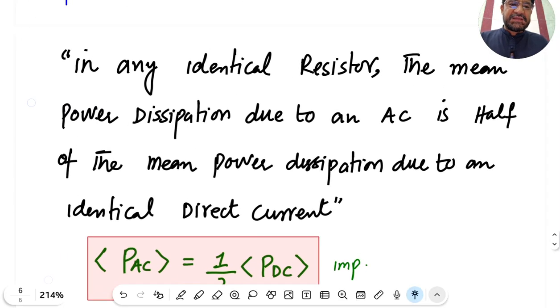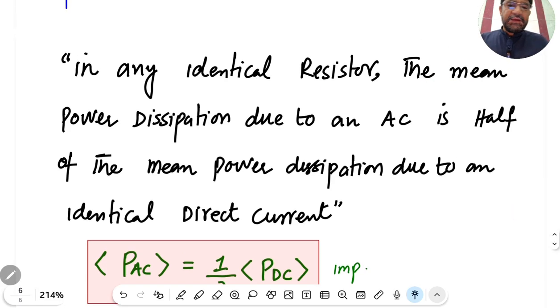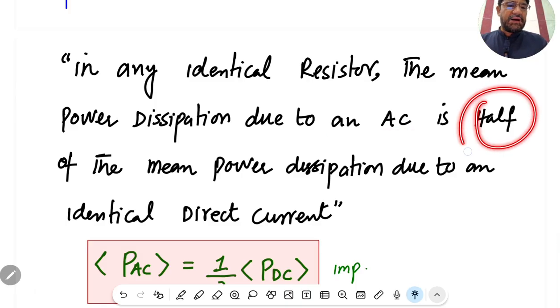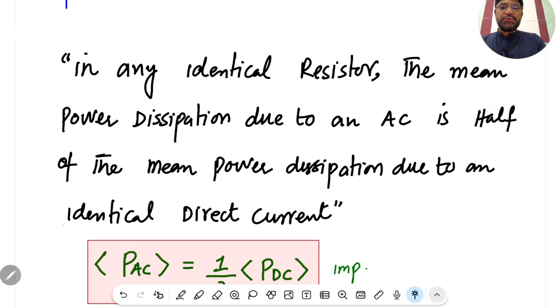So guys, the last conclusion is that in any identical resistor, the mean power dissipation due to an alternating current is always half of the mean power dissipation due to an identical direct current in the resistor.